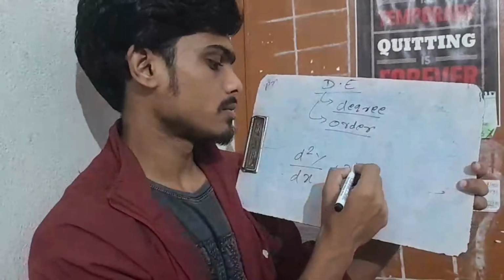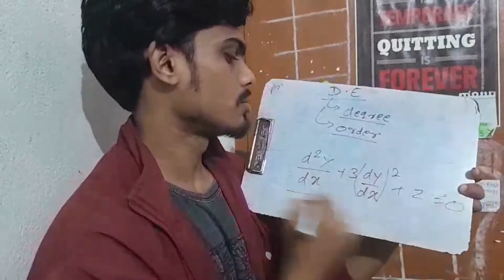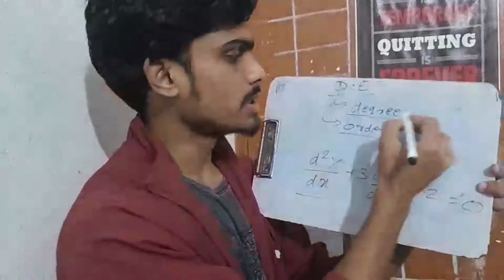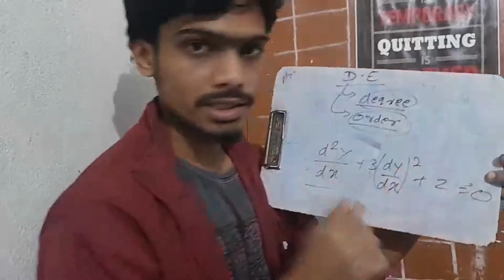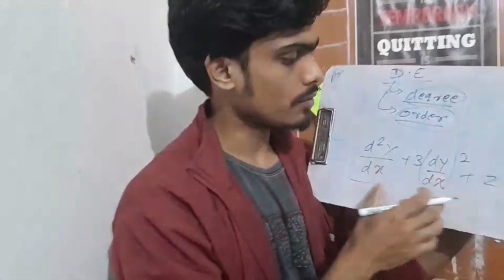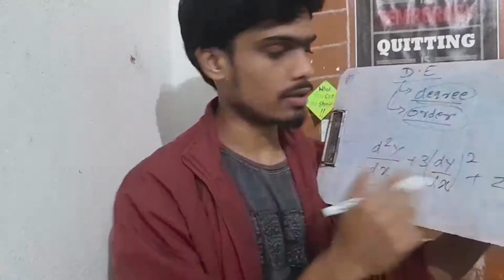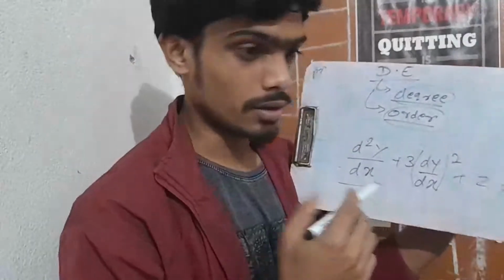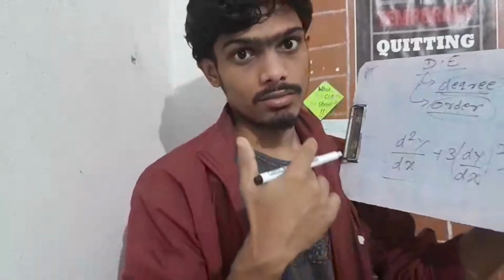And we can say here z0. So what is degree? Degree is the highest power in the equation of any derivative term, mainly the derivative term which has the highest power.